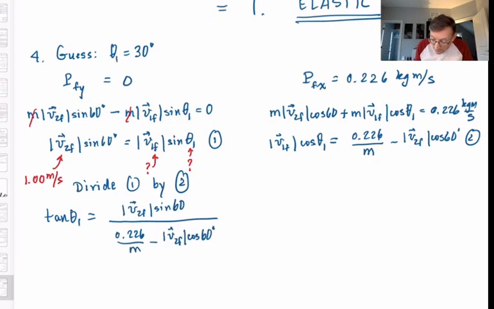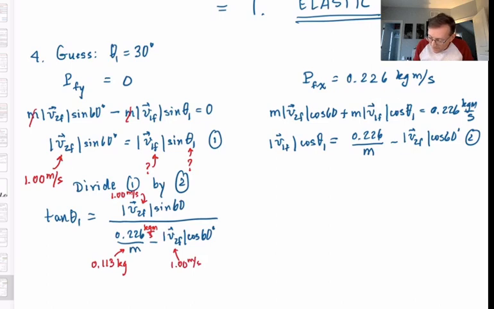And now you plug in numbers. v2 final magnitude, 1 meter per second. Mass, 0.113 kilograms. Remember, the 0.226 is in units of kilogram meter per second. v2 final magnitude, 1 meter per second.